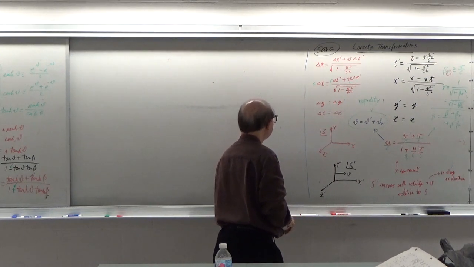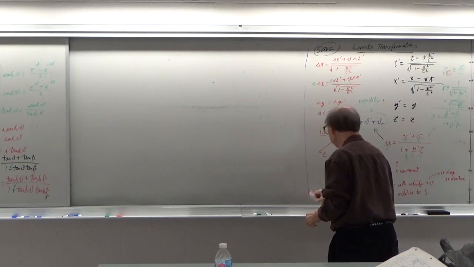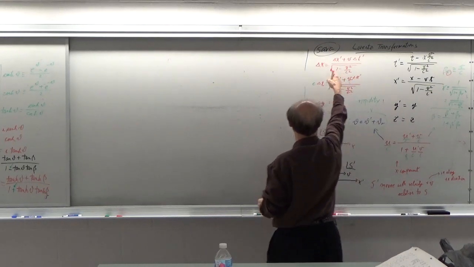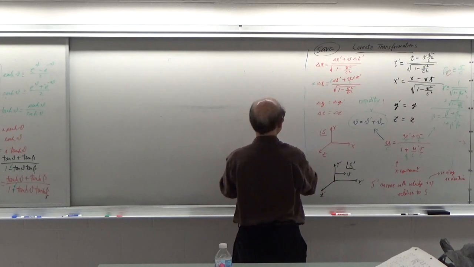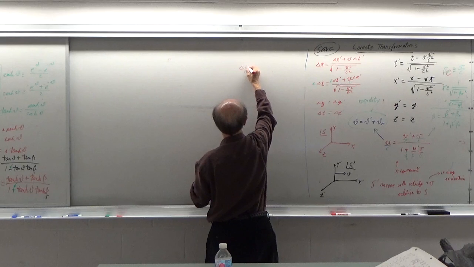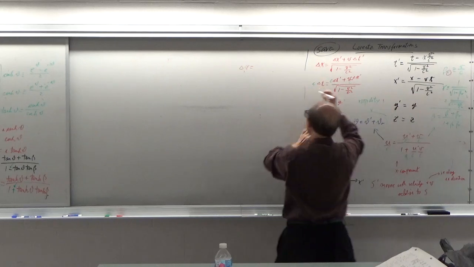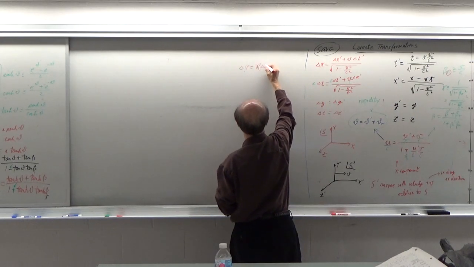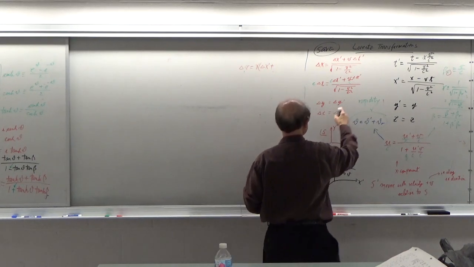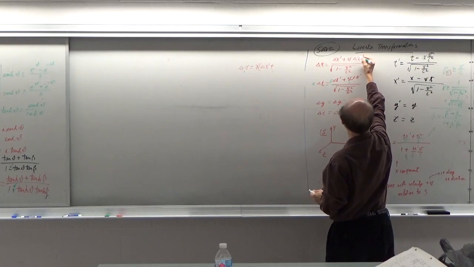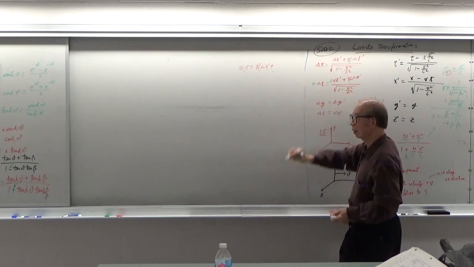All right, and then I can rewrite this. One form of this is that delta x is equal to gamma times delta x prime plus, also here, delta t prime by c, times c, so divide out this c by c.